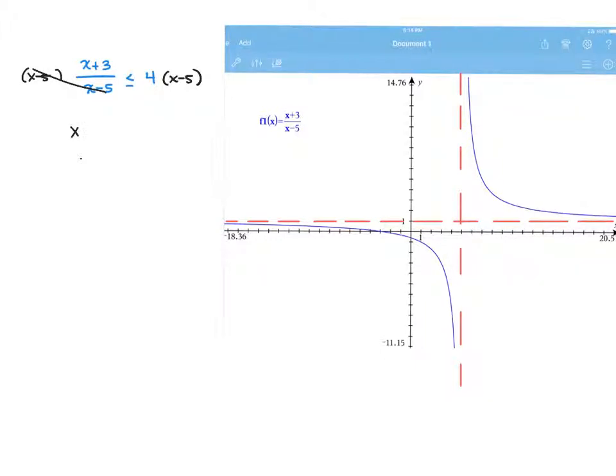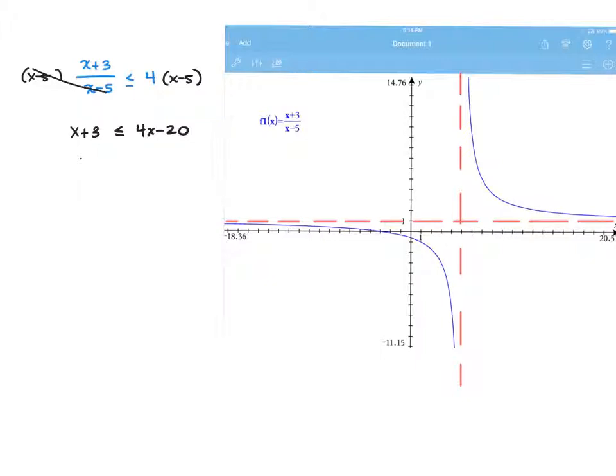So what you now have is x plus 3 being less than or equal to 4x minus 20. And what is important here is that once you change it out of a rational expression, you are losing properties. And once you start losing properties, you start losing solutions.